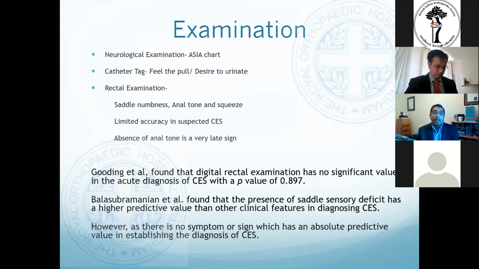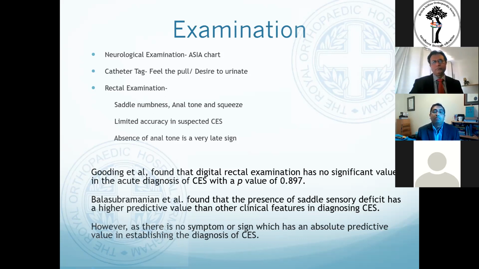Examination. Again, a thorough neurological examination should be carried out, and we encourage using the ASIA chart, the American Spinal Injury Association chart. We have all seen the chart, and we always encourage its use. Catheter tug. It is when the patient is catheterized, then we pull the catheter. There is some controversy.